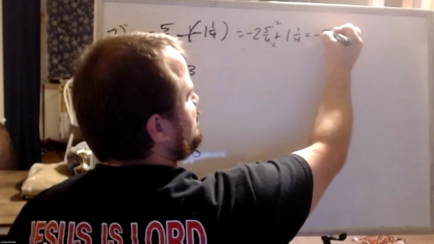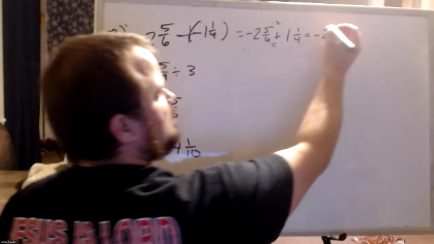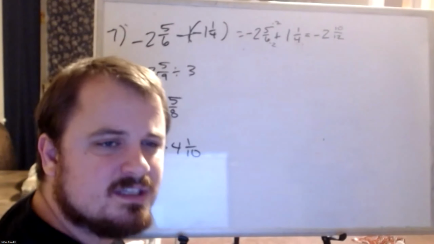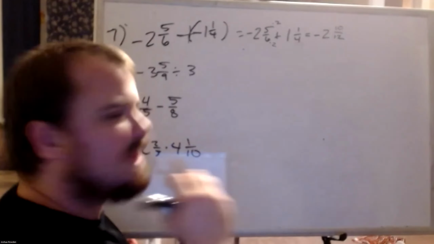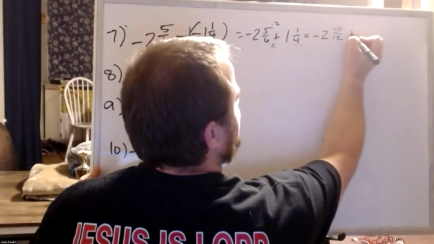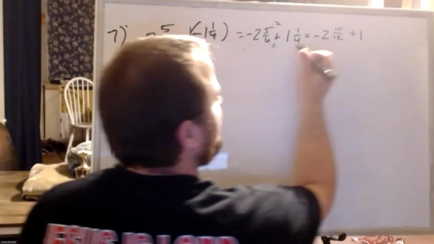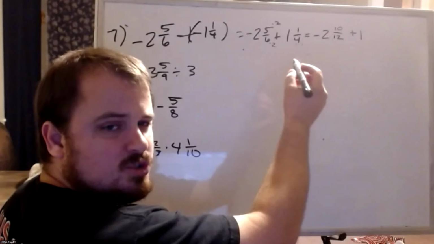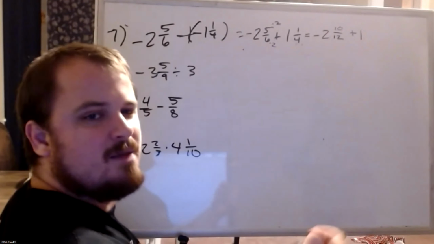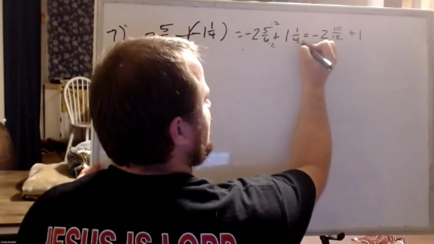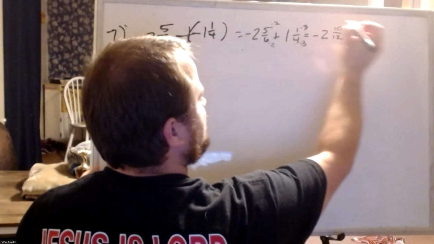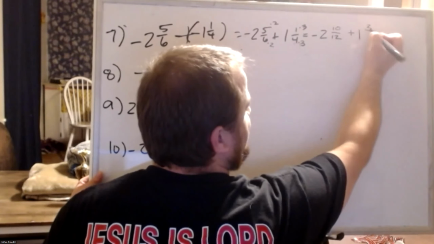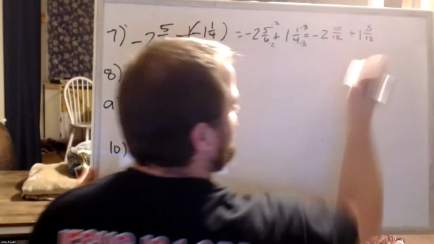So we'll have negative 2, and when we do 5 times 2, that'll be 10 over 12. Let me make sure you can see that okay. And then plus 1, and then we have 1/4, and the bottom number we're working with is 12. To turn 4 into 12, we'll multiply by 3, times 3, times 3. So we'll have 1 and 3 over 12.